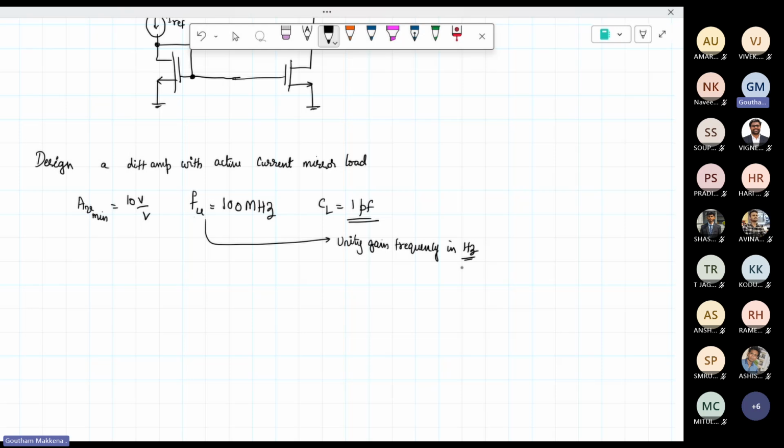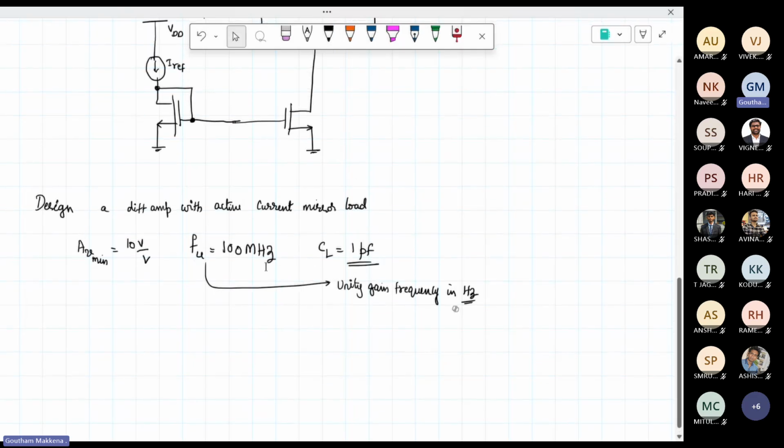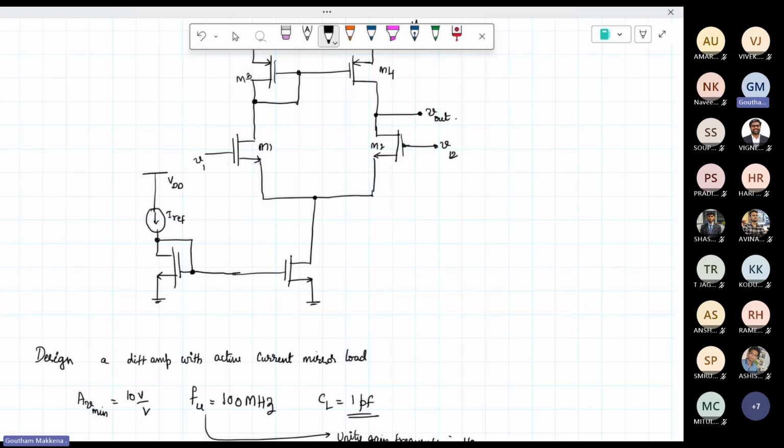Okay, so that is the unity gain frequency. And this is the load capacitance that I have at the output node, which is 1 picofarad. So let me introduce the load capacitance as well over here. So this is what we have. Okay, so let me call this M5 and M6.